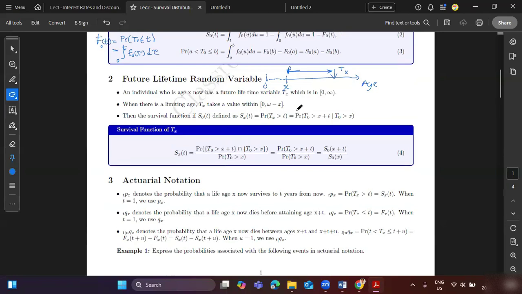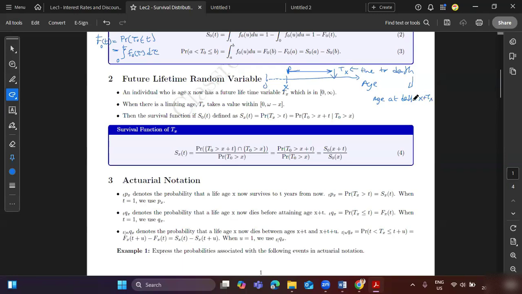And so I mentioned that Tx is the measurement of time to death of a person at age X. So this is the time to death, or future lifetime, of a person who is at age X. That means for this person, age at death is equal to X plus Tx.